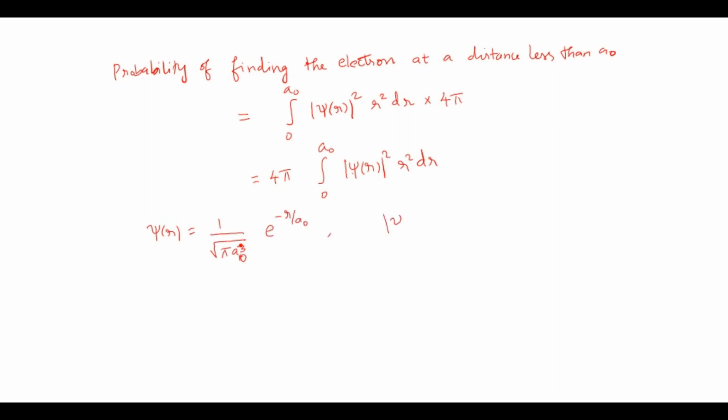So modulus of psi of r square is simply 1 over pi a naught cube e power minus 2r by a naught.